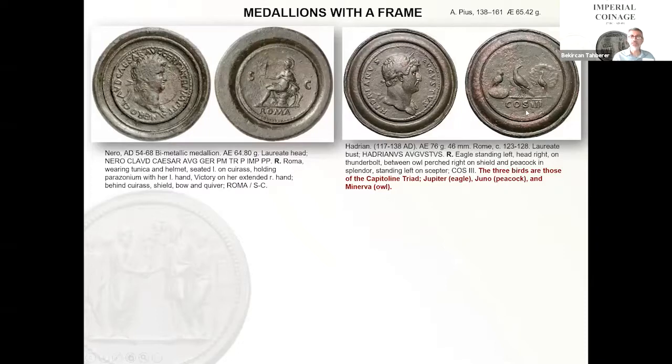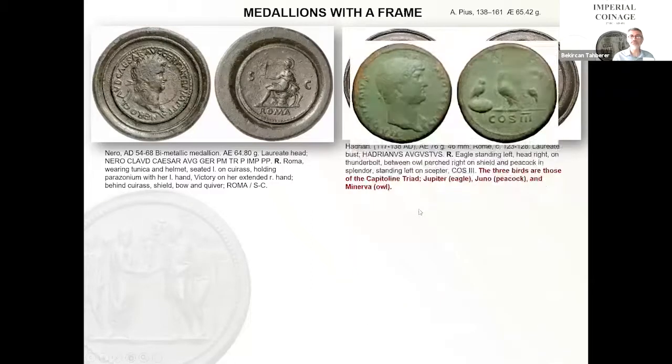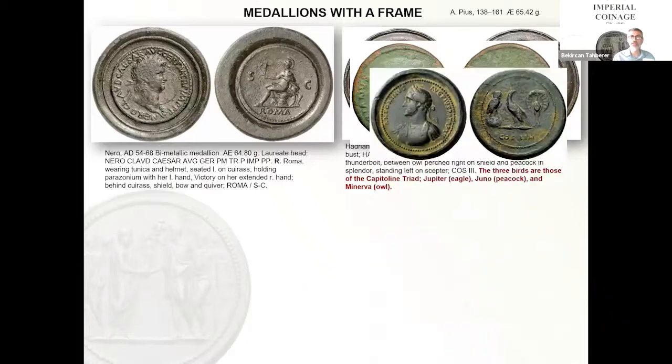The reverse image is interesting. There are three birds, and the eagle represents Jupiter, peacock, Juno, and owl, Minerva. The same type is seen on an unframed medallion. Again, it's a medallion, it's not a coin.